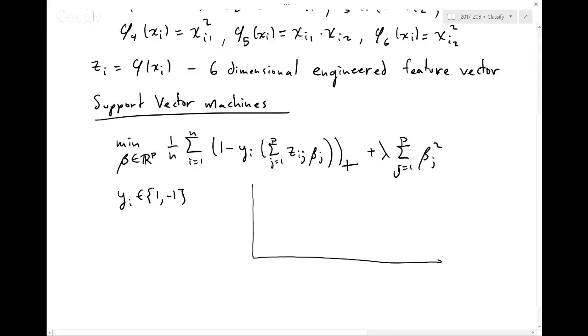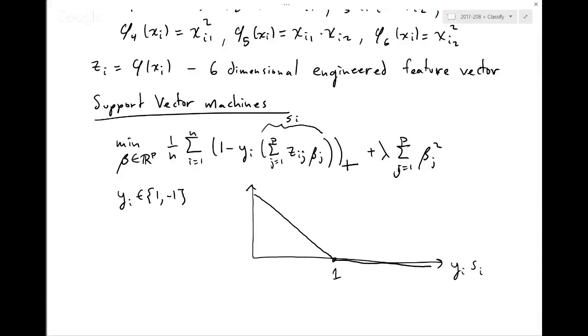The hinge loss looks like the following. If this is y_i times the score s_i, our learned score for a certain beta, and we write our hinge loss as a function of this, remember, it came down linearly until it hit 1, and then it was 0. So this is our hinge loss.